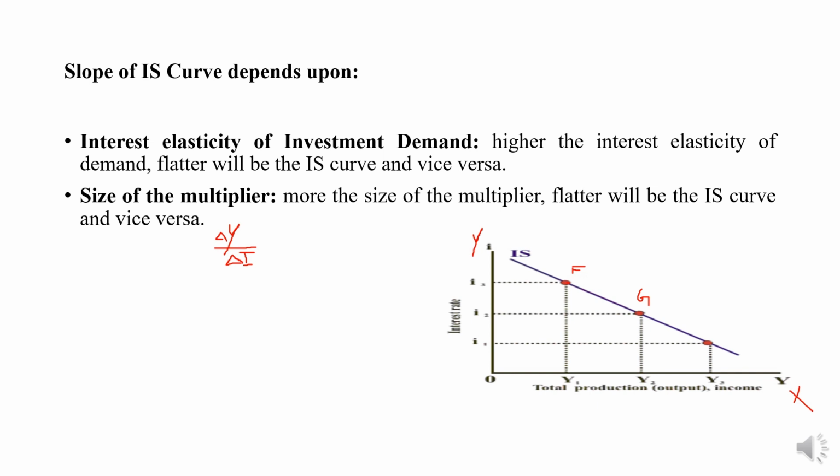And at point C, when the interest rate is very low, from 2 to 1, the output is very high. So there is a negative relationship between rate of interest and the total production, output or income.